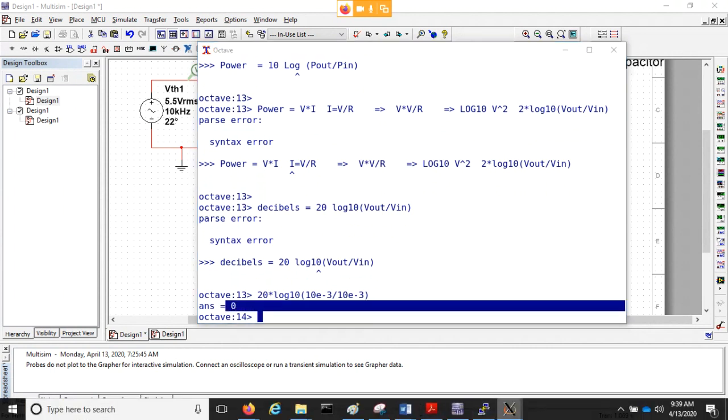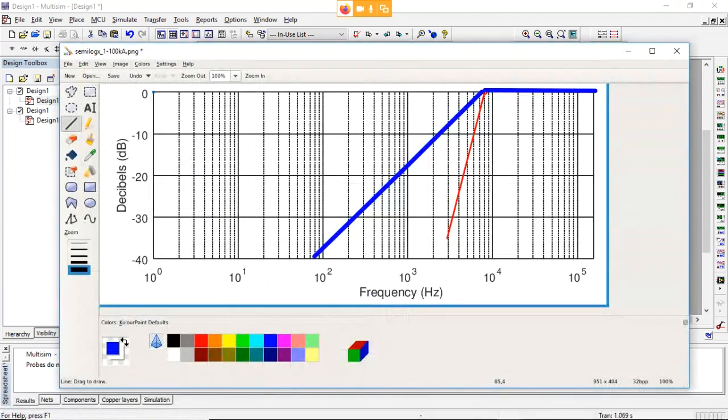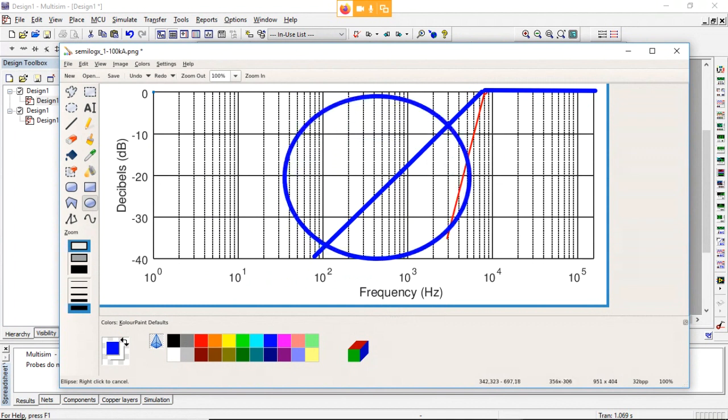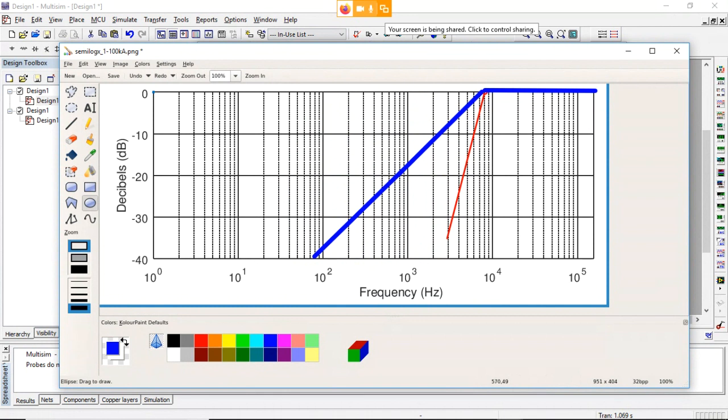So when we look at this plot, it's 0 dB up here, and that is what we're passing. Everything else here is being attenuated. As we get further away from the cutoff frequency, we have more attenuation. So that is the magnitude plot of a Bode plot.